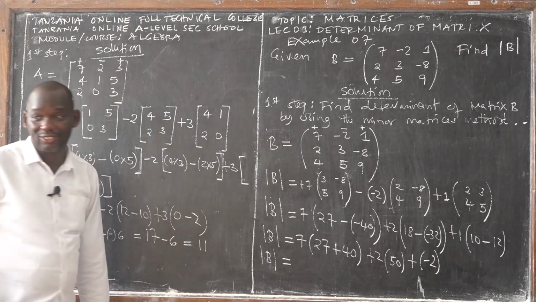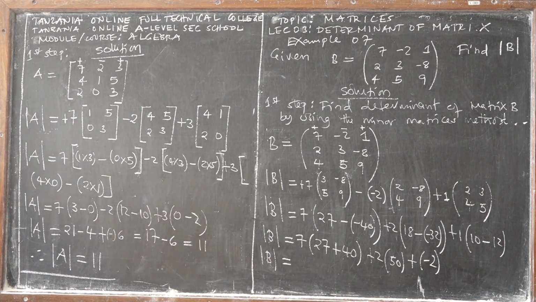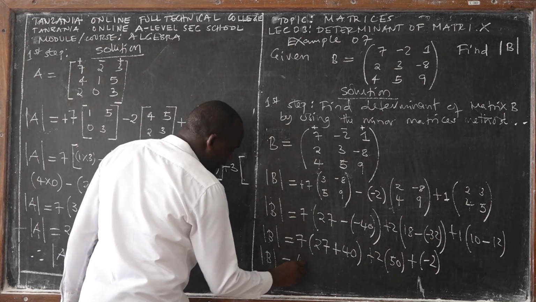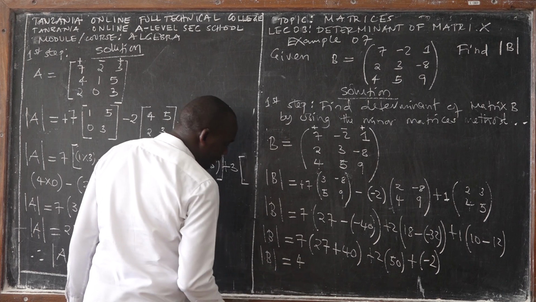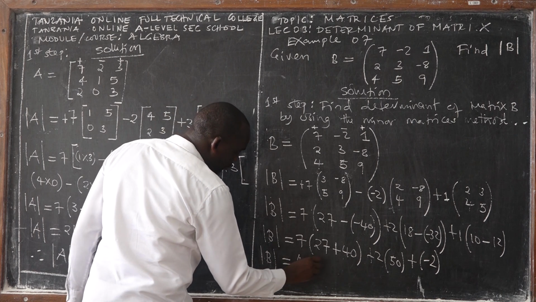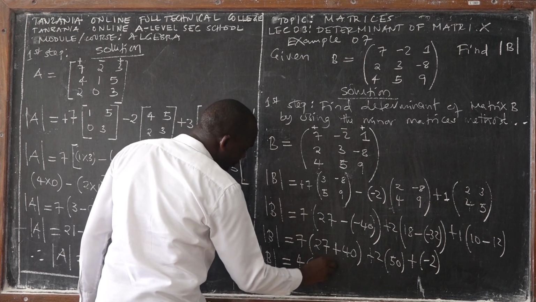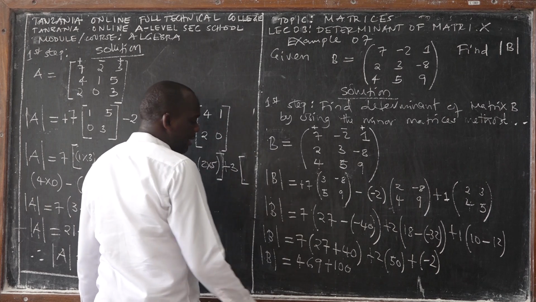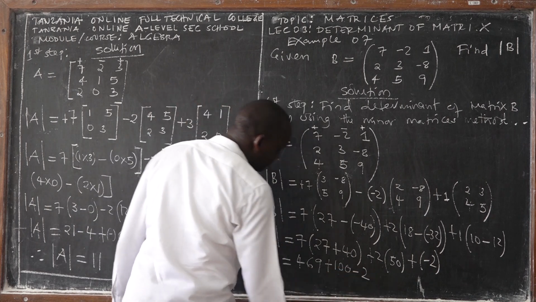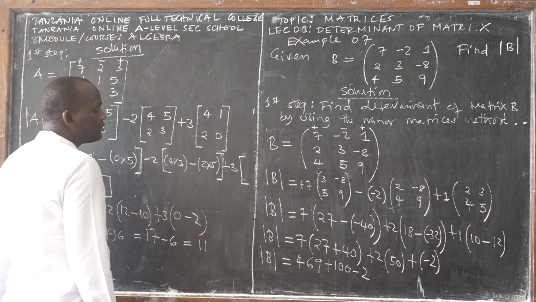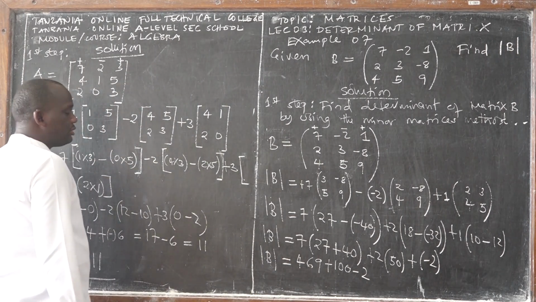You have to look for the calculator for that case. But you may do it easily. 469. Then 2 times 50, 100. Then minus 2. So 100 plus 469, minus 2.